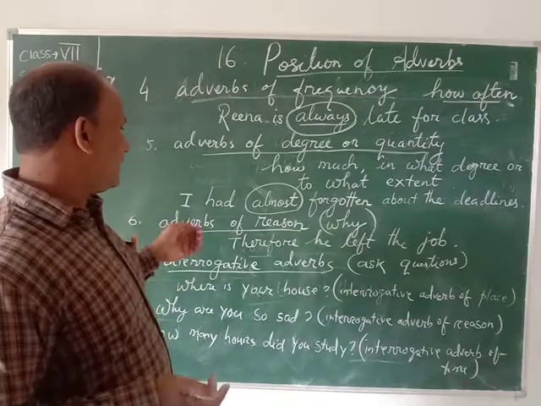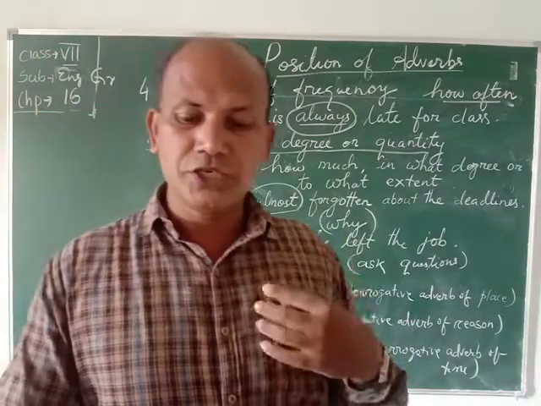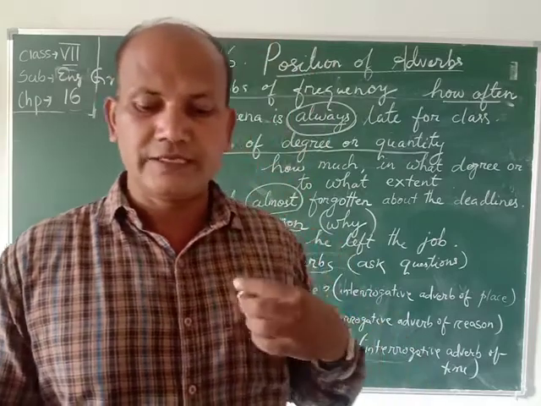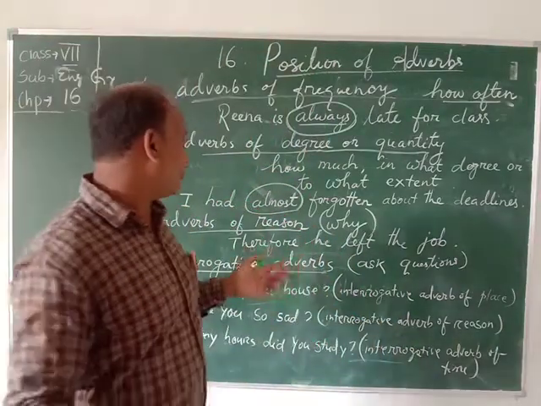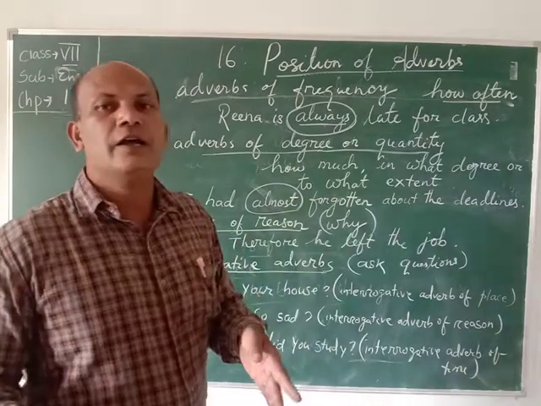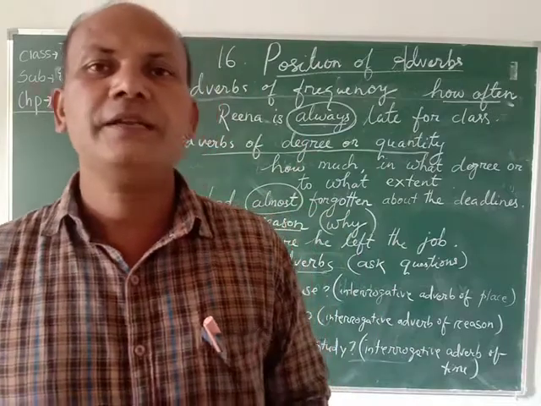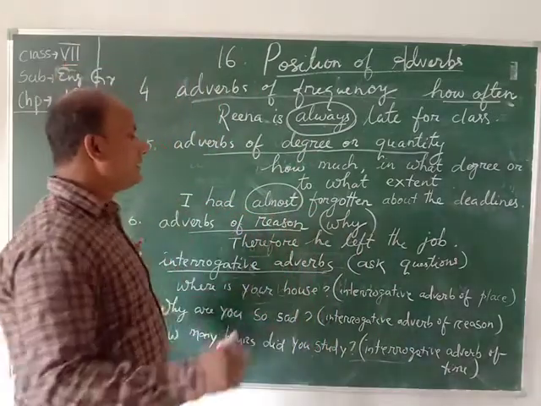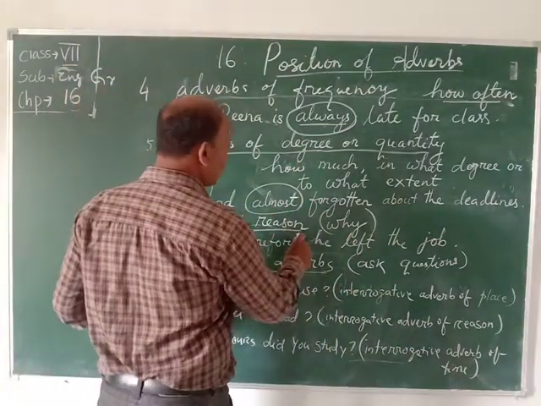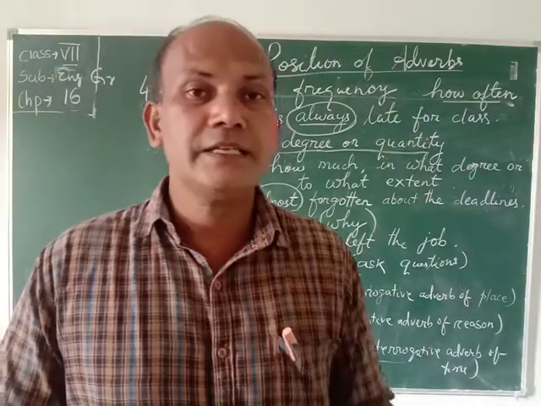So here, why is given. They state the reason for the action and ask the question why. Just like, therefore, he left the job. As he was getting too much pain, therefore he left the job. You can see, why did he leave the job? Because he was harassed too much, he was troubled too much.